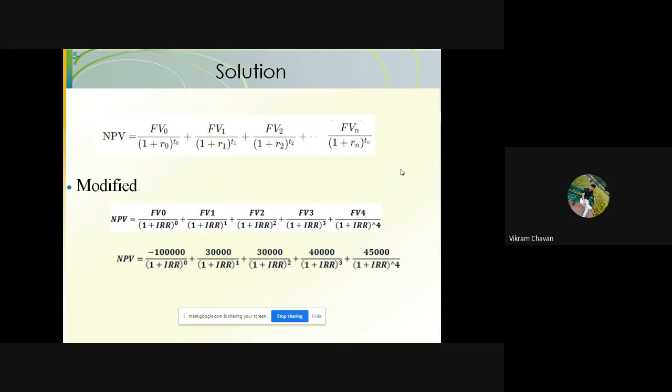In a similar manner as we use the formula for calculation of NPV, we use the same formula for calculation of internal rate of return also.